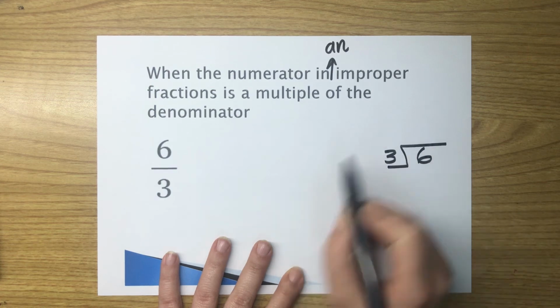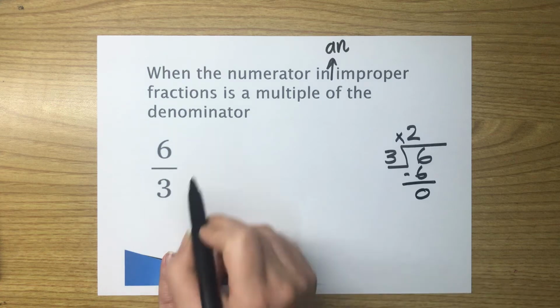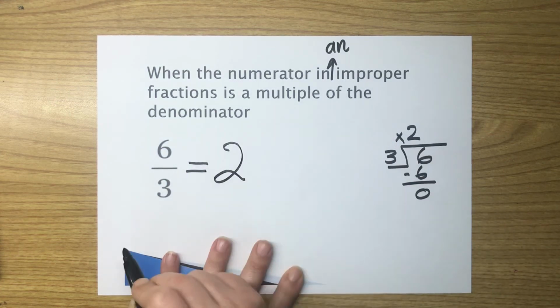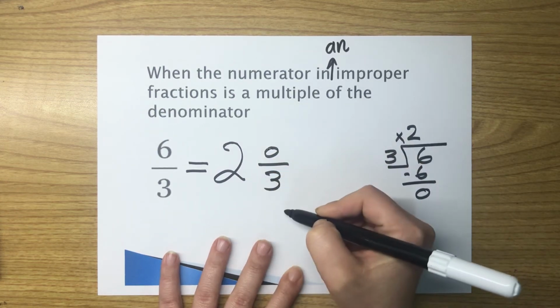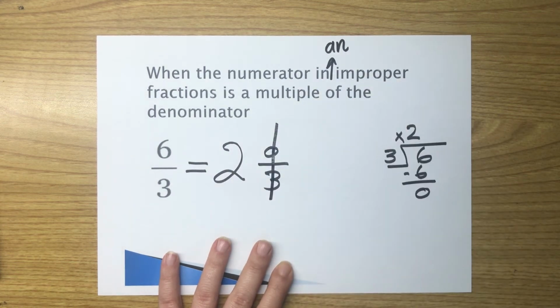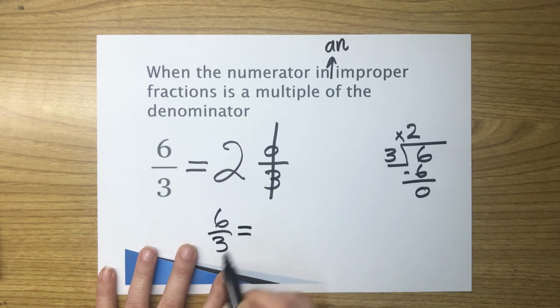How many 3's in the 6? There are 2, 2 times 3 equals 6. Subtract, equals 0. So when you change it into a mixed number, you write down 2 wholes and 0 over 3. 0 over 3 means there's nothing left. There's only 2 wholes. So 6 over 3, the improper fraction, is going to be equal to 2 wholes.